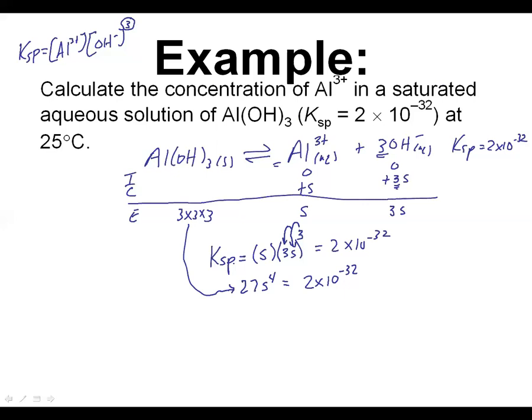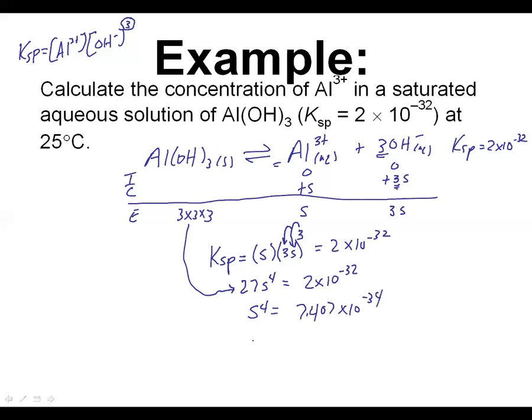So make sure that you do apply, in this case, the cubing to not just the S, but also the number. That means we're going to divide 2 times 10 to the minus 32 by 27. And that will get us S to the 4th equals 7.407, I'll take it a couple of digits, times 10 to the minus 34.